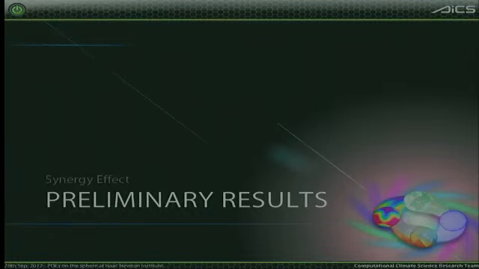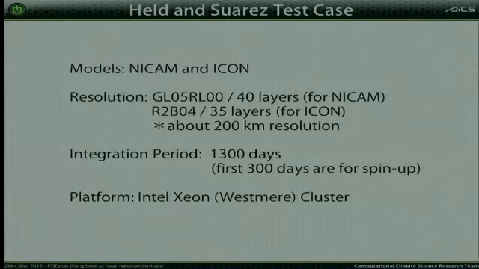So let's move on to the preliminary results. First is the Held-Suarez test case. The models used are NICAM and ICON. The resolution is about 200 kilometers, and the integration period is 1300 days, where the first 300 days are for spin-up.